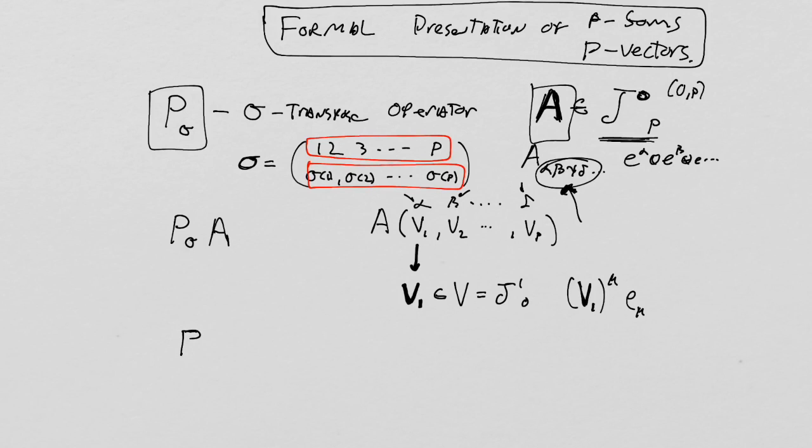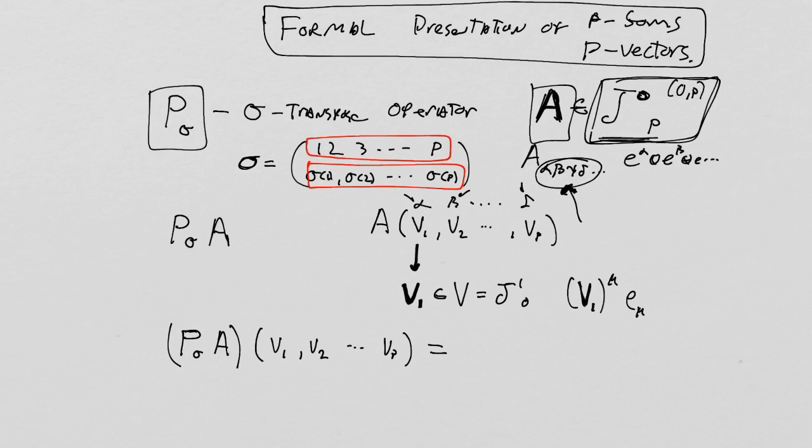The definition of this new tensor is that it is also an element of the same tensor product space, but if I put in v1, v2, dot, dot, dot, vp, the output is going to be the original tensor with just the inputs shuffled around according to the permutation. So it'll be v sigma 1, v sigma 2, v sigma p.